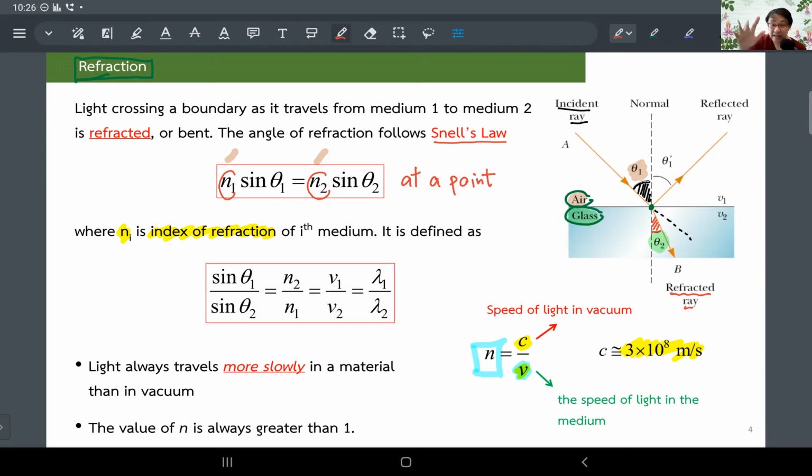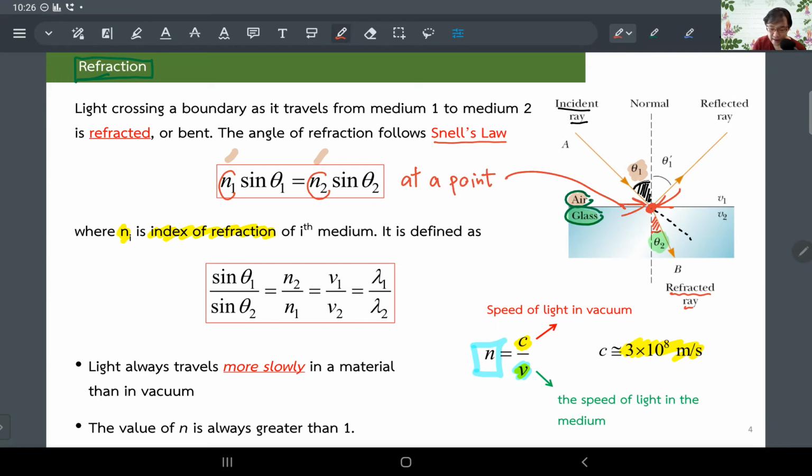Don't think like that yet, because it will get confusing. Just think at the point of reflection. For example, right here, you just look at this point and be done with it. On this point, there is an incoming ray and an outgoing ray, and you just apply this equation at this point, and that's it, done.